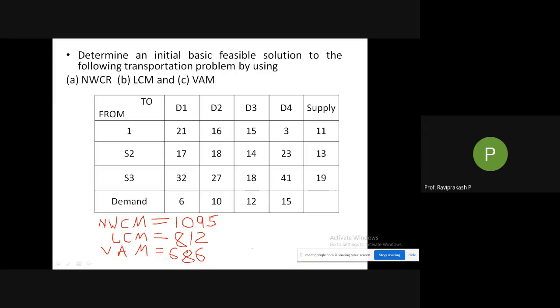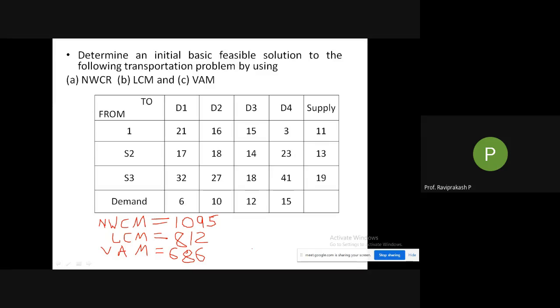You can write down the answers: northwest corner method 1095, LCM method 812, and Vogel's approximation method is 686. Yes, it's correct, 686. Those who have not completed, this is the answer. Just check if you get 686, it is right. Otherwise, go back and see where you have gone wrong.